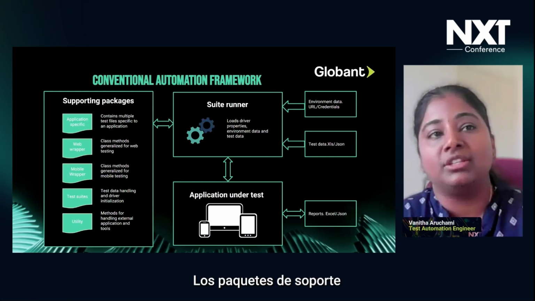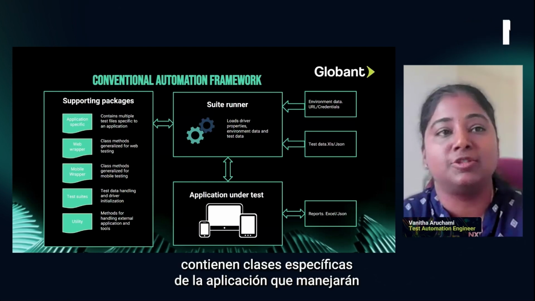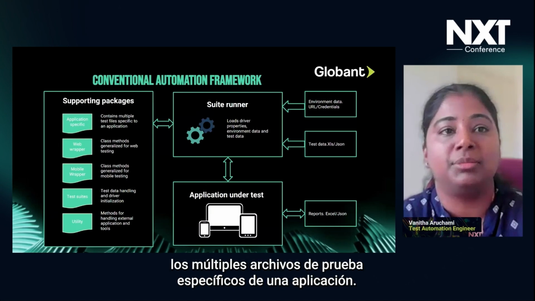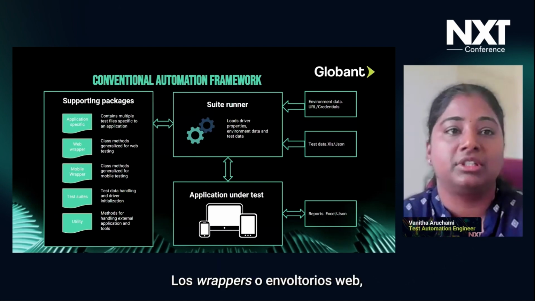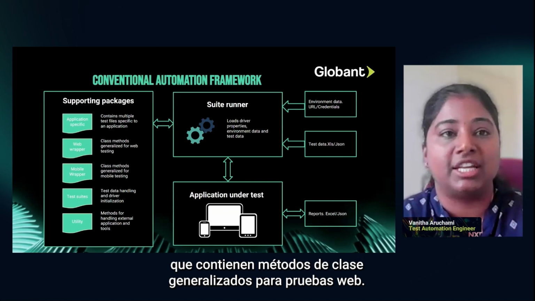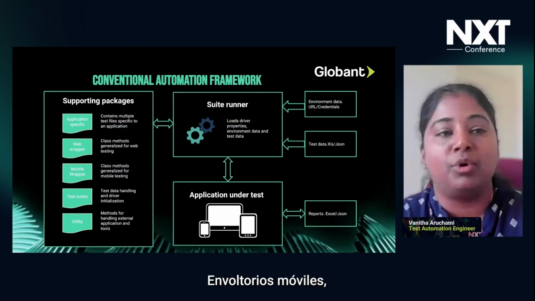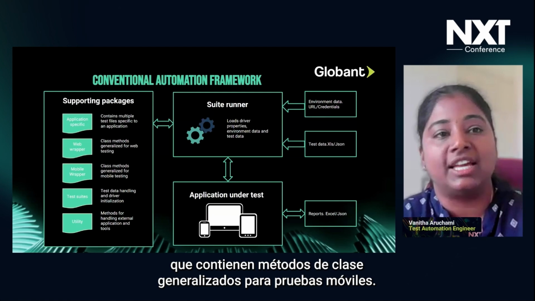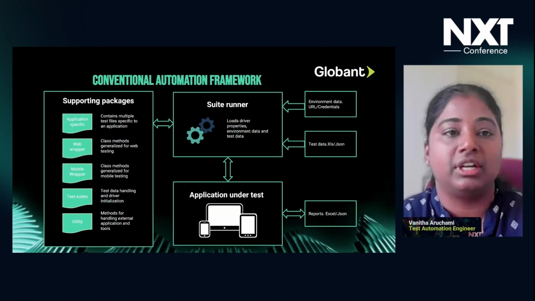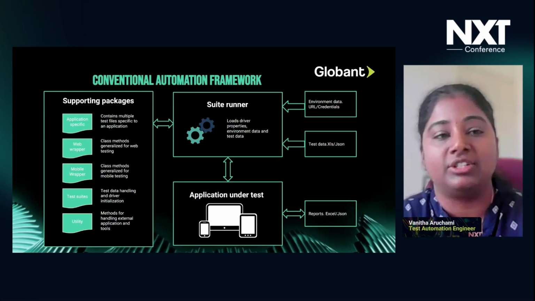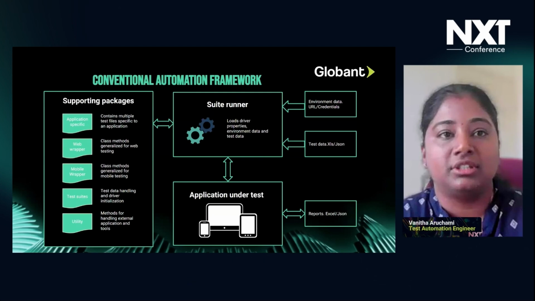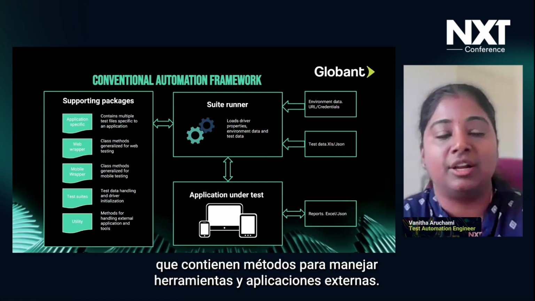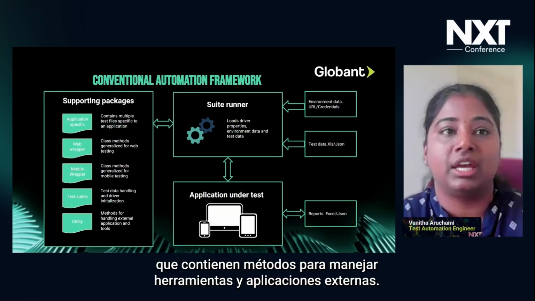The supporting packages contain application specific classes that will handle the multiple test files specific to an application, web wrappers which contain class methods generalized for web testing, mobile wrappers which contain class methods generalized for mobile testing, and the test suites which contain test data handling and driver initialization, and finally the utility packages which contain methods to handle the external application and tools.